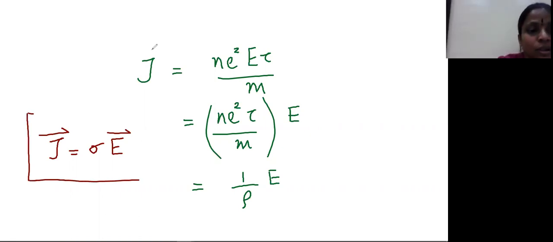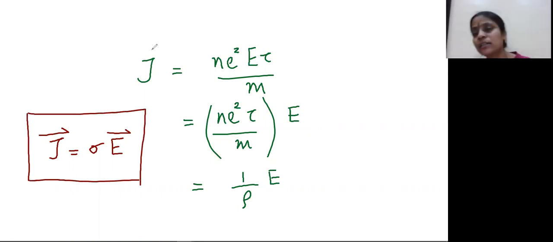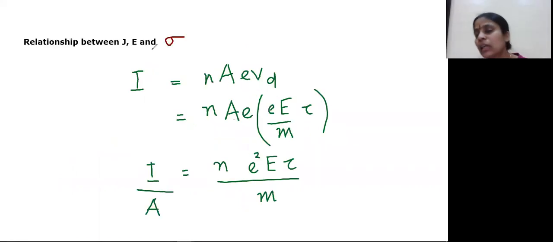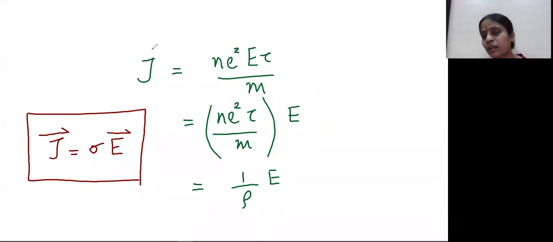So this gives you the relationship between current density, conductivity, and electric field. Is that clear, children? We just started off with I, and from there we went on to write I by A, and then we moved on to substitute for rho, and we simply got the relation J is equal to sigma into E.